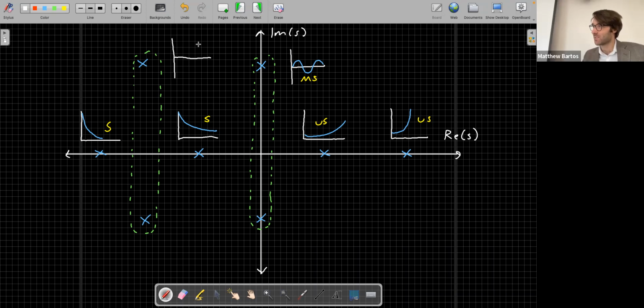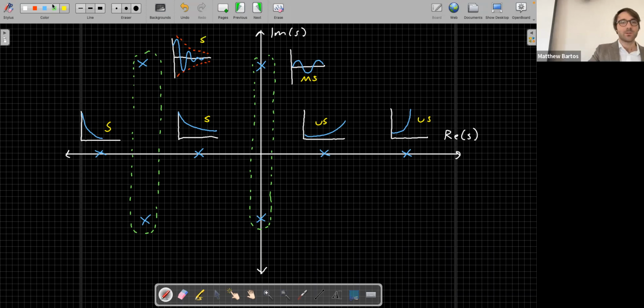So it'll be a damped oscillation, right? So it will be an oscillation that asymptotically approaches 0. So it'll be an oscillation with exponential decay. So we can draw the envelope. This is exponential decay. Okay, so is this stable or unstable? Or marginally stable? Which one is this? This one is stable, right? This decays to 0 as time goes to infinity.